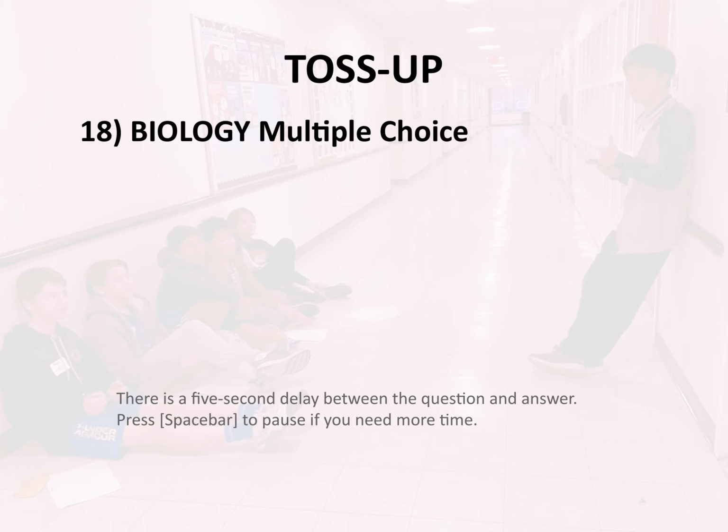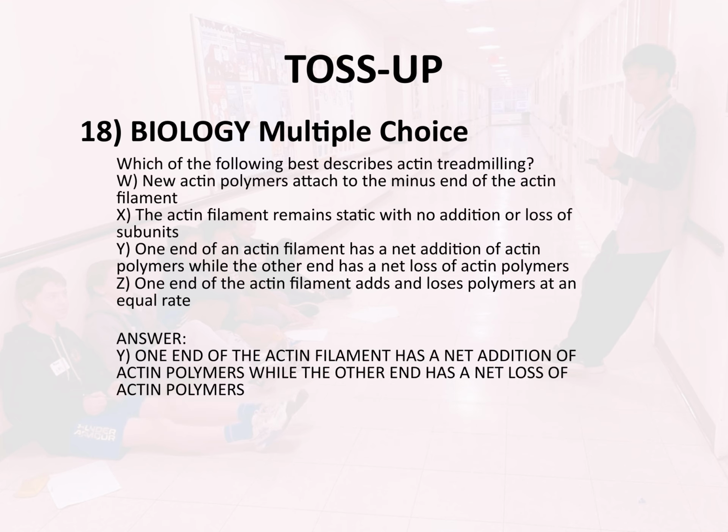Y. One end of an actin filament has a net addition of actin polymers while the other end has a net loss of actin polymers. Z. One end of the actin filament adds and loses polymers at an equal rate. Answer: Y. One end of the actin filament has a net addition of actin polymers while the other end has a net loss of actin polymers.